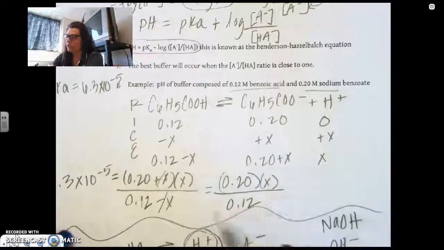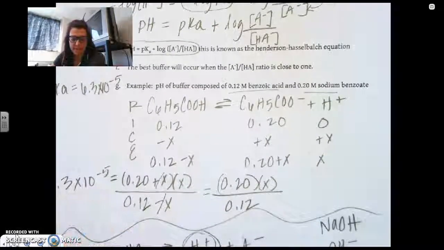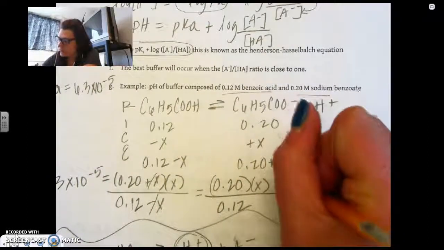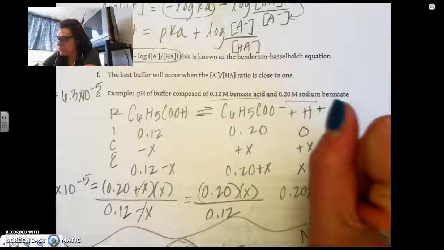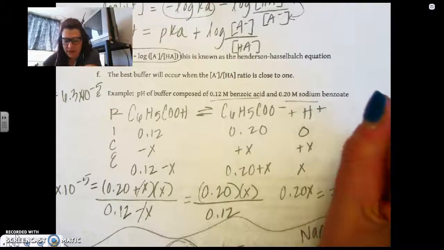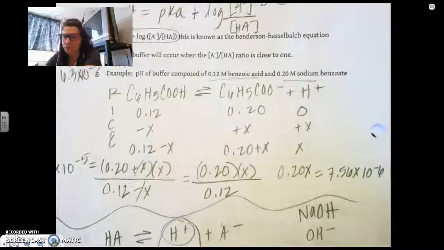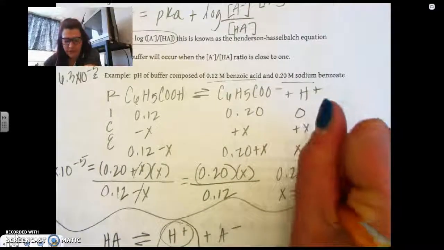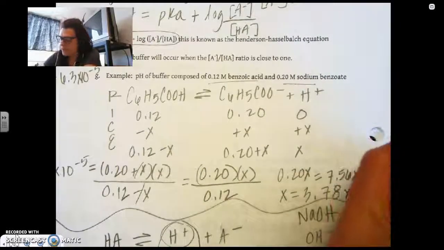Okay, so then I'm going to multiply the Ka by the 0.12, and I end up getting 0.20x is equal to 7.56 times 10 to the negative 6. So I divide both sides by 0.2, so x is equal to 3.78 times 10 to the negative fifth.